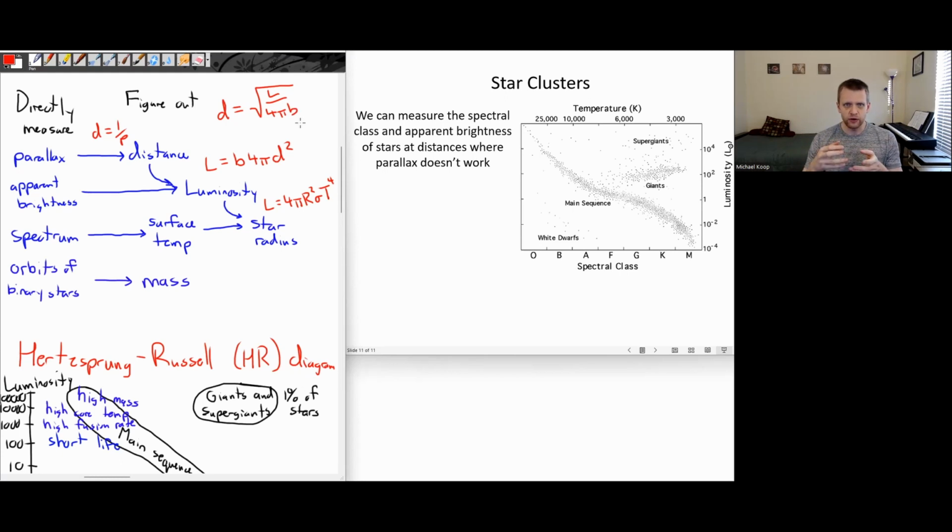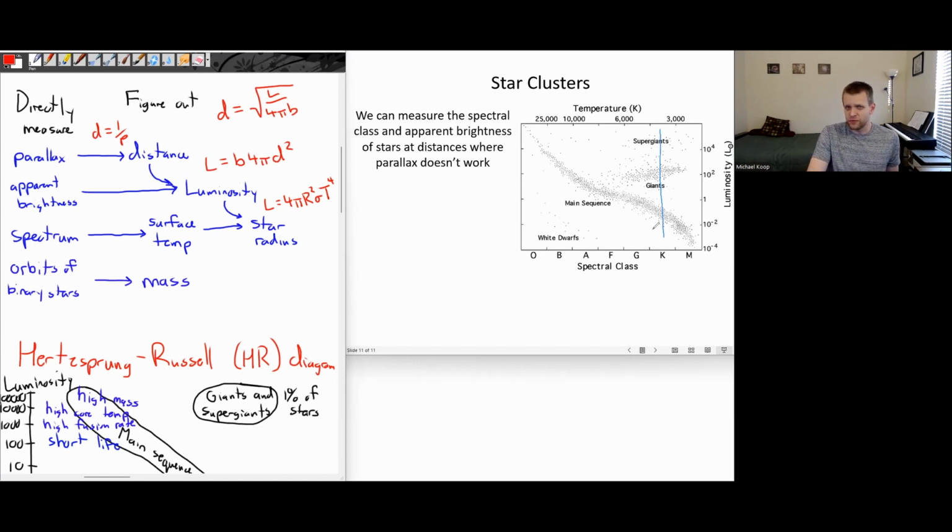So let's say I look at one individual star, and let's say it's a type K star. If all I know is that it's a type K star, can I determine what the luminosity is? Well, if it's a type K star, I know on this HR diagram it's somewhere along this line.